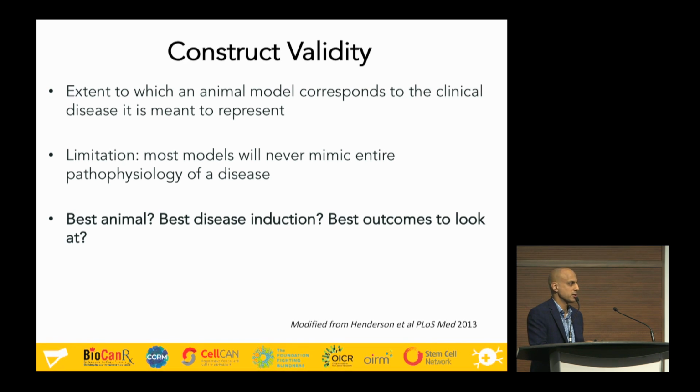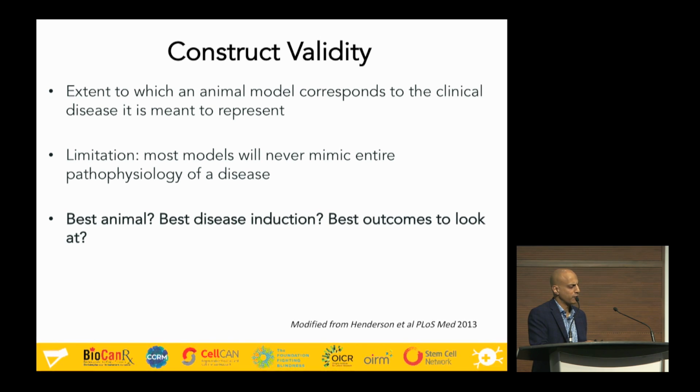If you use mice like I do, because I'm just starting off and we don't have much of a budget and that's the cheapest animal to use, then that's what you're going to use just for feasibility. But does that actually mimic the typical adult patient that has sepsis that I see in my operating room? Probably not. The best disease induction.